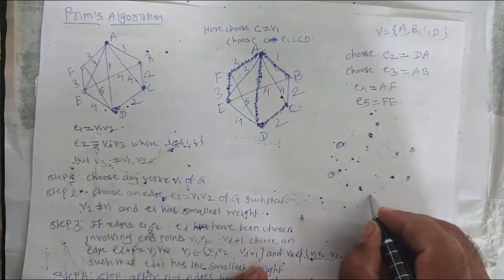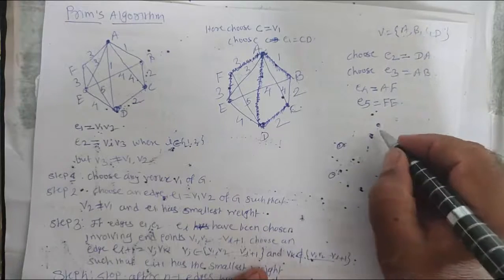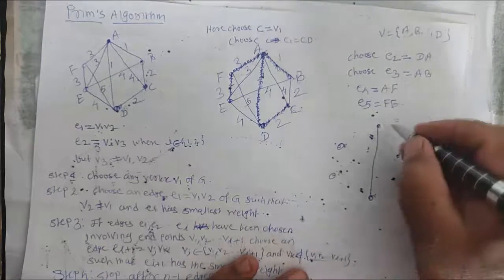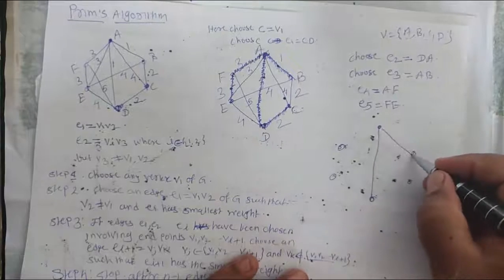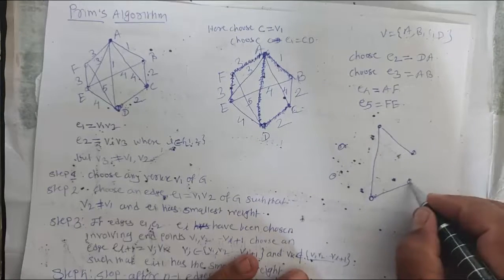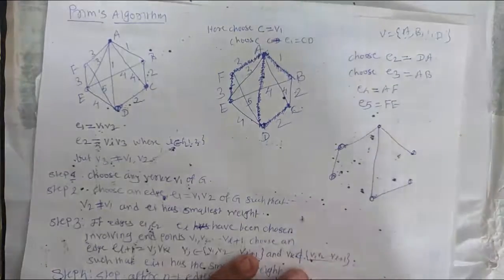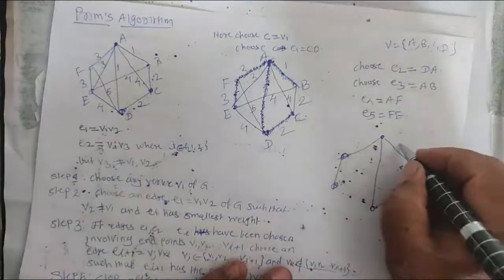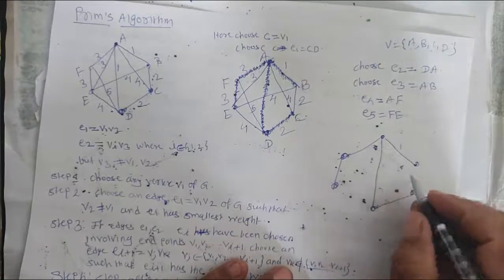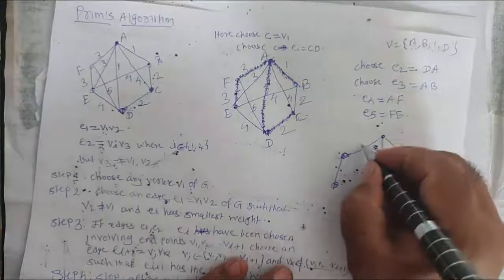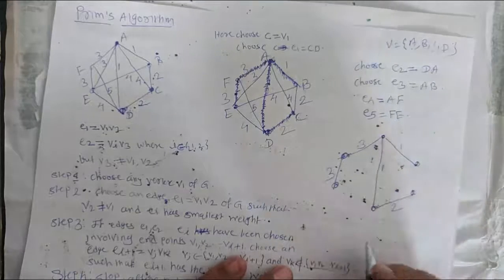That means our minimum weighted spanning tree is this edge, this edge, this edge, this edge, this edge, and its weights are 1, 2, 1, 3, 3.